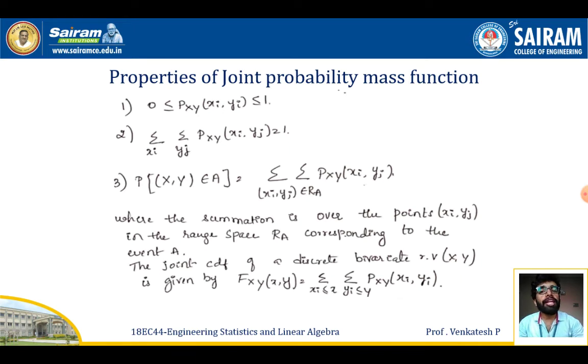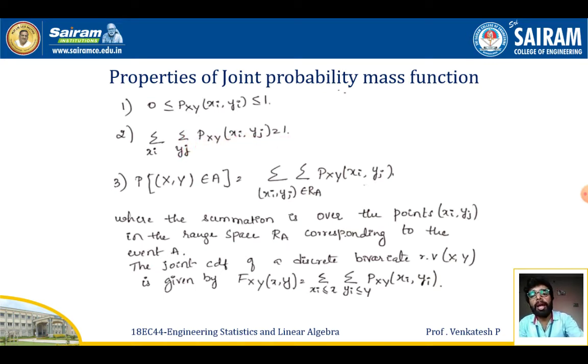Now the properties of the joint probability mass function. The first property is that the range of the probability mass function varies from 0 to 1, that is, 0 is less than or equal to P of xi comma yj, which is less than or equal to 1. Next, summing all the probability values gives 1, that is, summation with respect to xi, summation with respect to yj of P of xi comma yj is equal to 1.